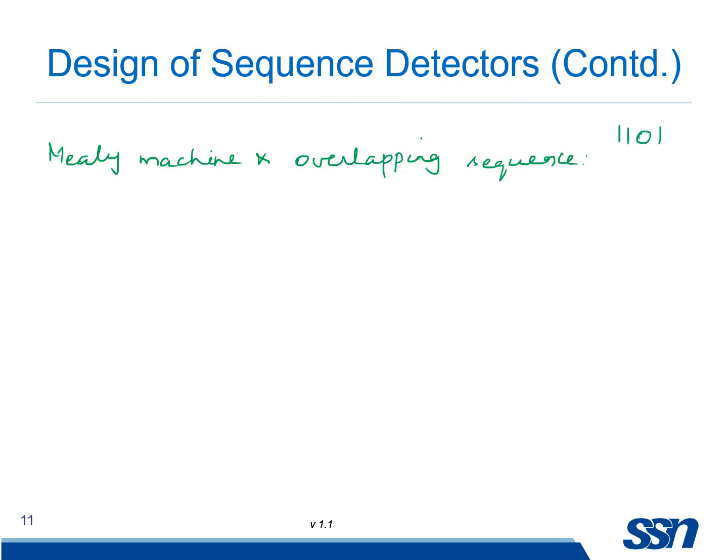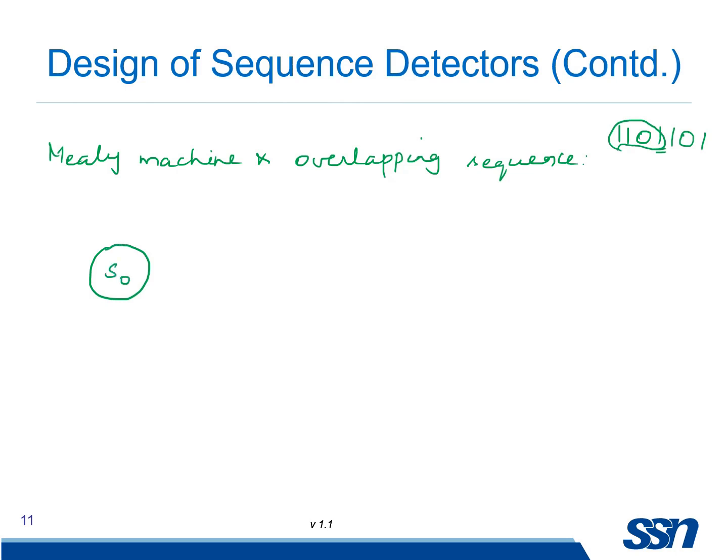So obviously there is a possibility of only one bit overlap, right? Because following this you can receive 101, so that you will be receiving this sequence. So here you have a 1 bit overlap. Again the sequence to be detected is 1101, which is of 4 bits. So we have 4 states.